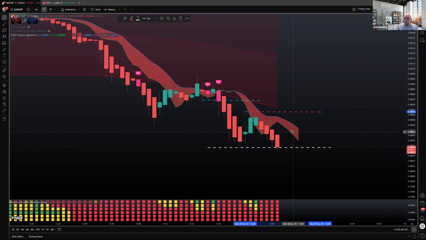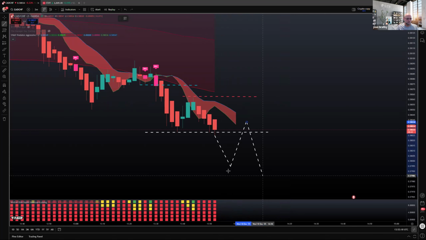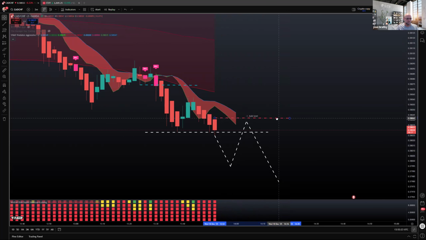Our ribbon is still red. We're still good. We're not going to get out. We're just going to adjust above this pivot, just above that pivot there with that trailing stop. Our next decision depends on if this changes to green, or we come down, we come up, and then when we come down and break this previous low pivot, we adjust above that pivot.